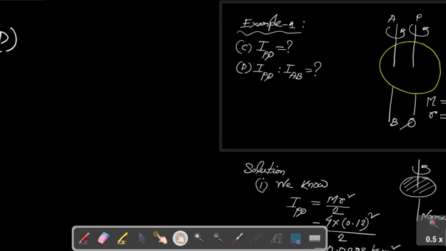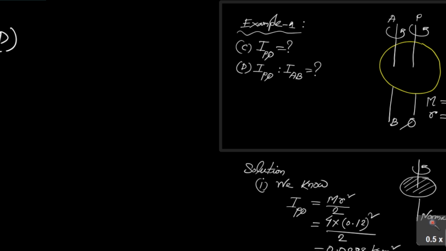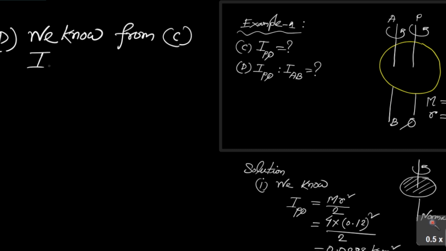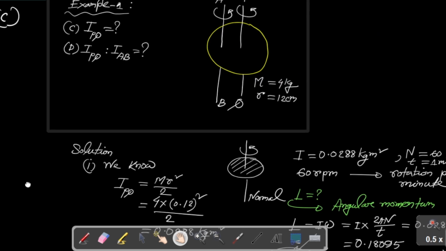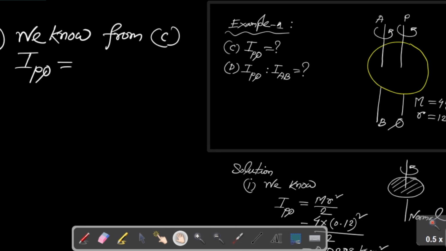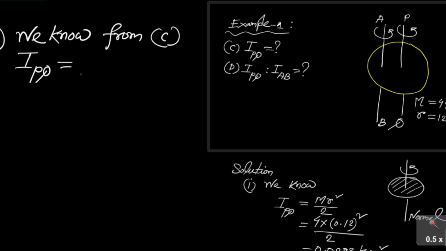Okay. My dear students, we know from C, I PQ, we write the actual value, is 0.0288 kg meter square.